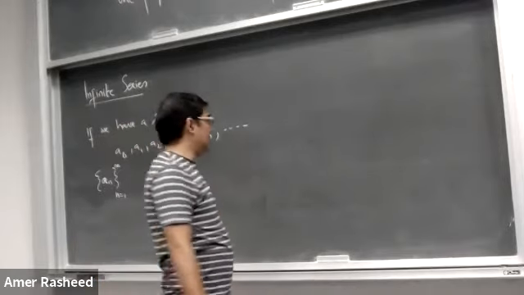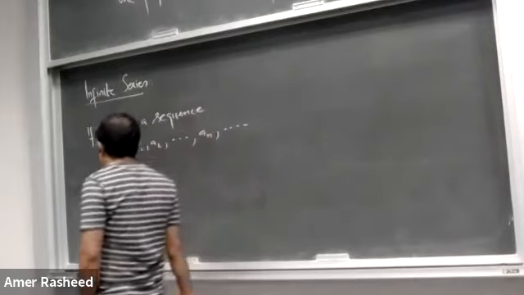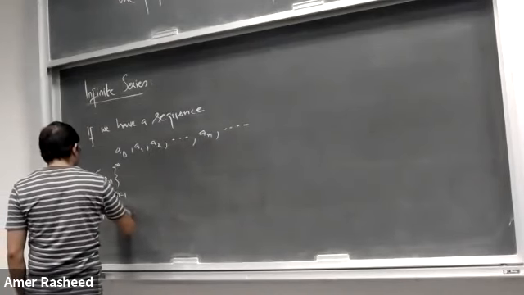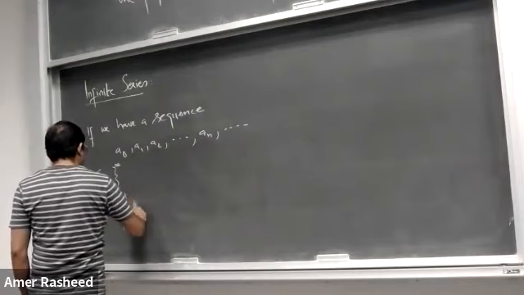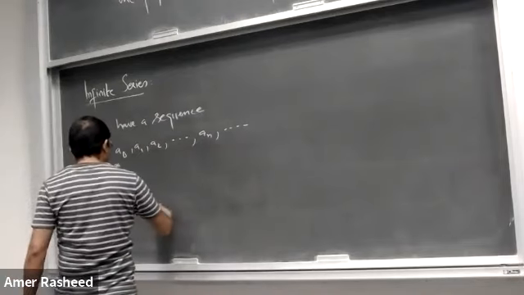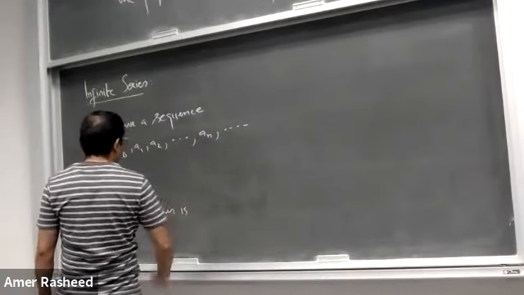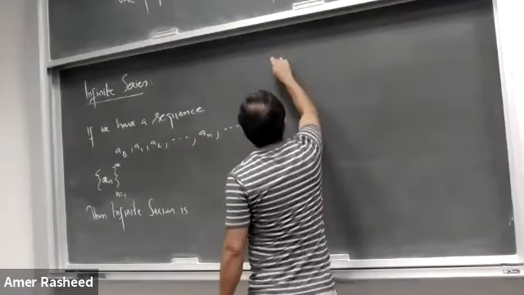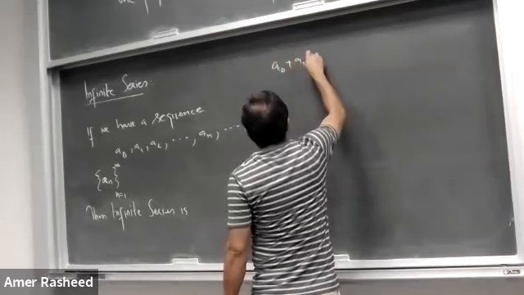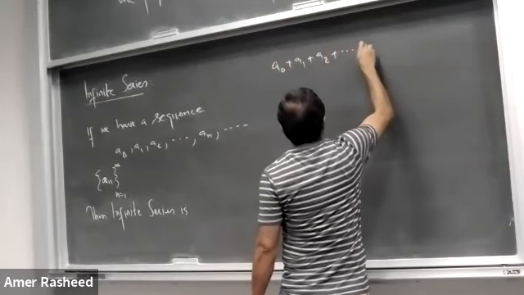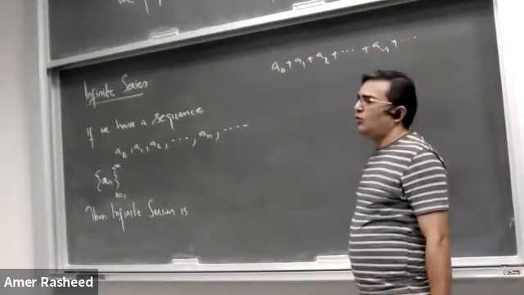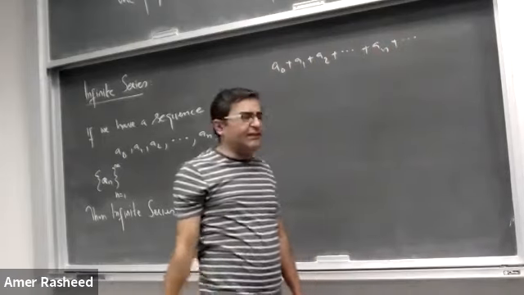Then the infinite series is basically the sum of the terms in the sequence. That is, we can say A0 plus A1 plus A2 plus so on plus AN plus so on. This is what we call a series.